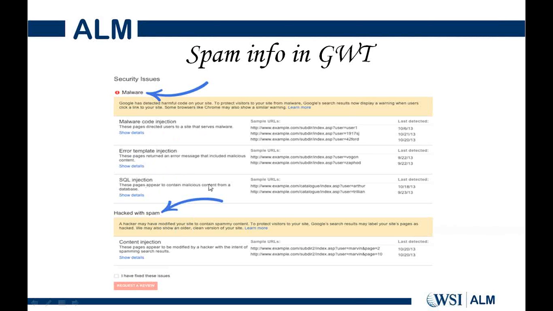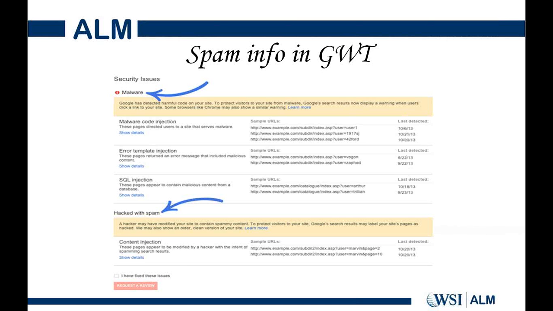It's going to give you a lot of information. It even pinpoints the pages where the issue is. As you can see in the screenshot, the date when it was last detected is displayed as well. So now you have more information to go accurately to the source and fix the issue.